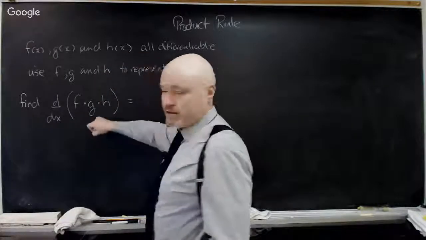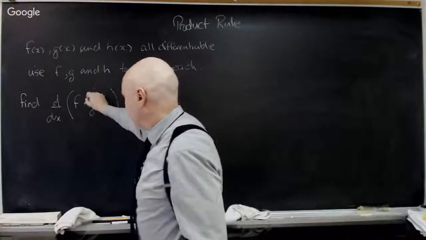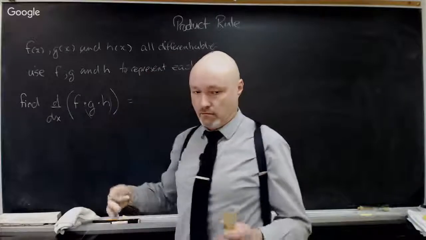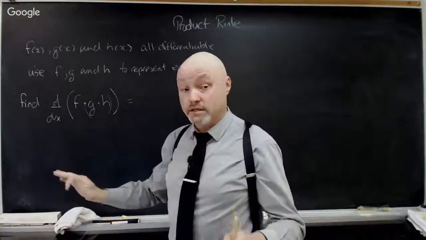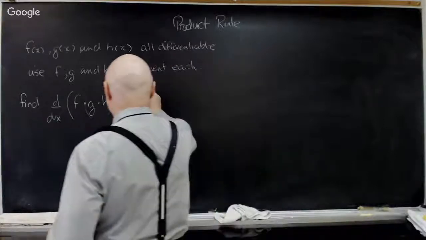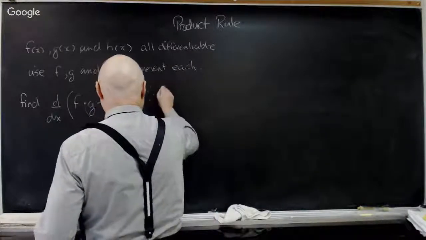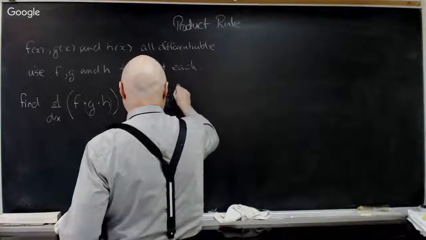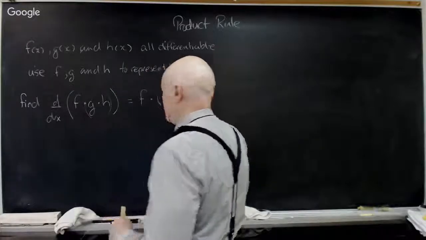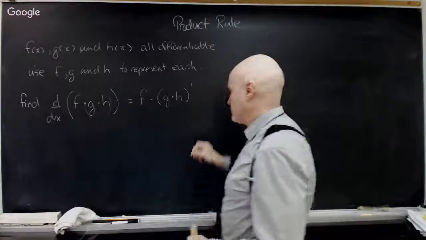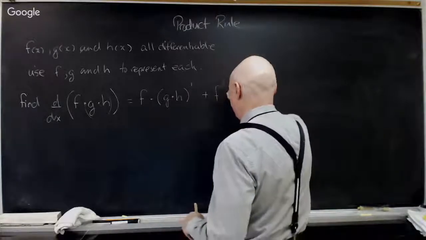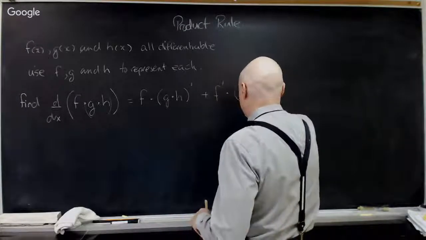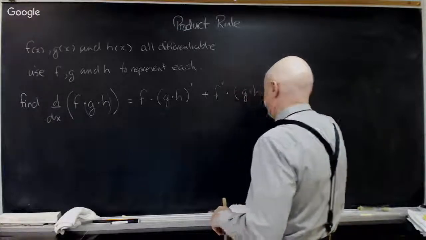Okay, here's our secret. We just treat g times h like the second function and see what we get. So first times the derivative of g times h, plus the derivative of the first times g times h.